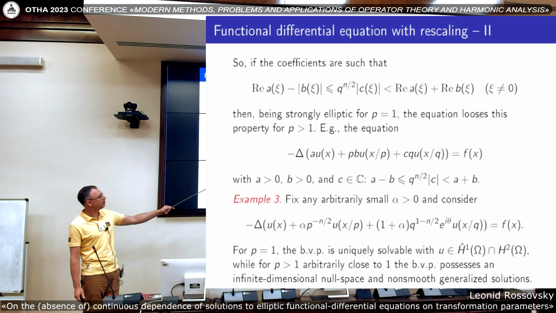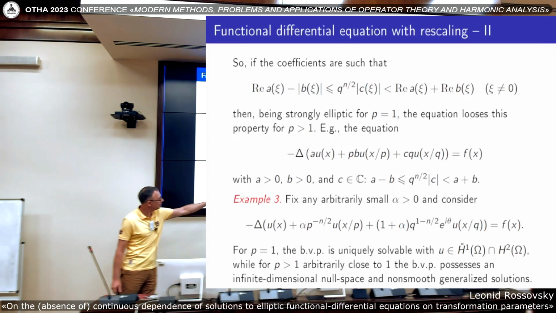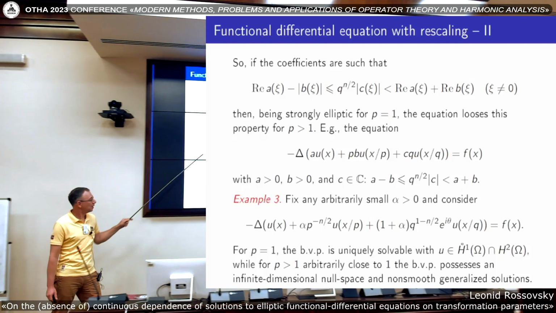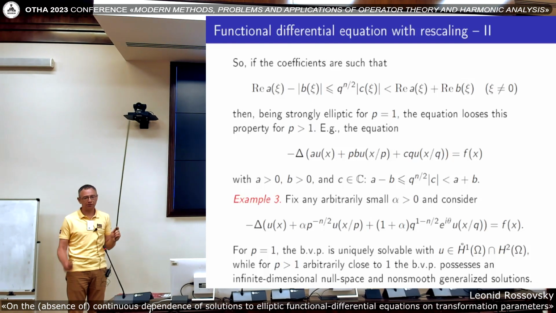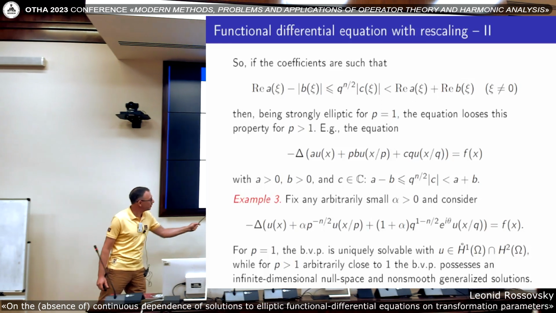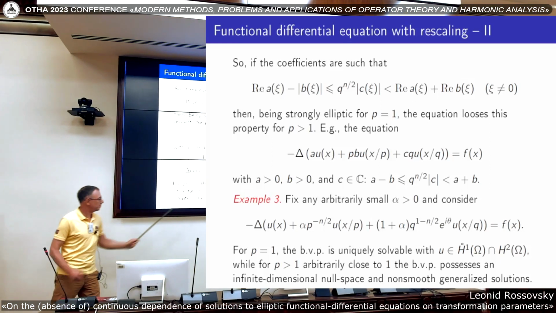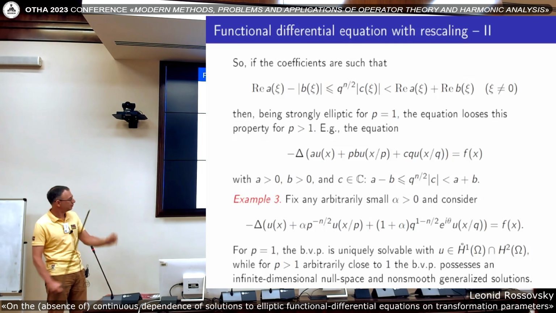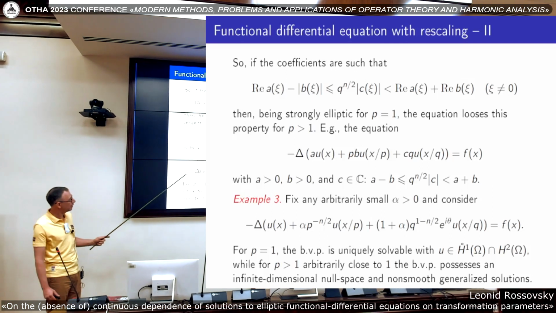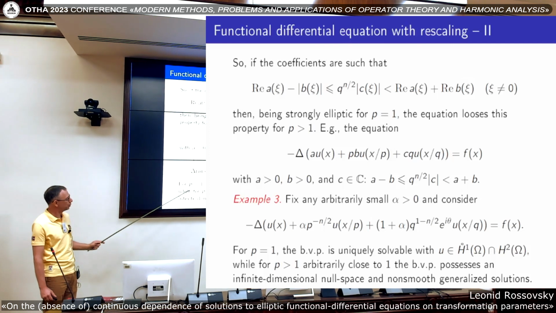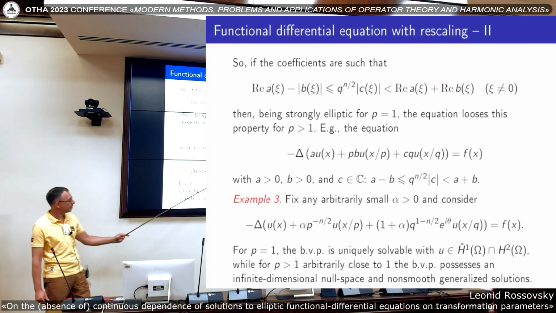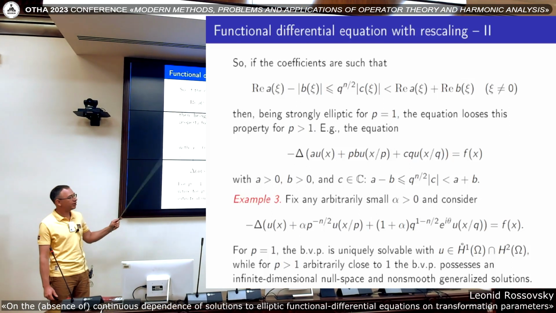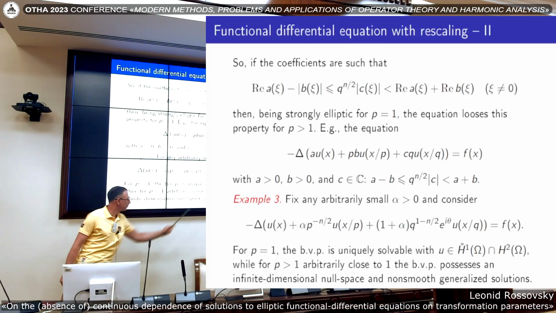Fix any arbitrarily small positive alpha, and consider this equation. Alpha is arbitrarily small, so this term is almost negligible in terms of its norm. And for P equal to 1, the boundary value problem is uniquely solvable, and all the generalized solutions are smooth.